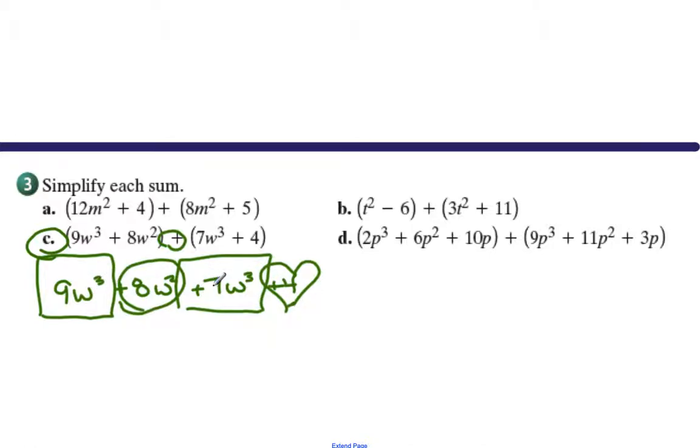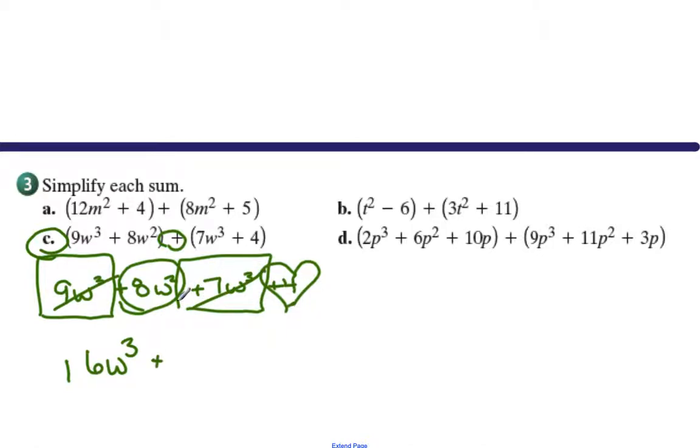So the terms with degree 3 are both in squares. Then that was it. So now I went to a different shape, and this one was circles. That was the only squared. And then I went to a third shape, which was for the 4. So adding these two together will give us 16w cubed plus, let's see, that's done.